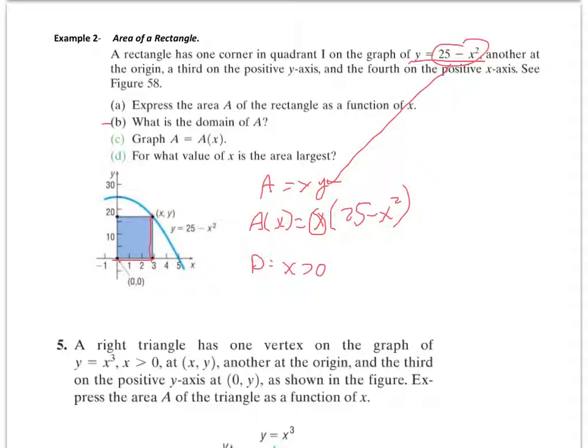Actually, we can put greater than or equal to 0. You can technically have an area of 0. So 0 is okay, but what can x be bigger than? It has to be less than 5, correct? Because if it's bigger than 5, that's going to make this thing negative.